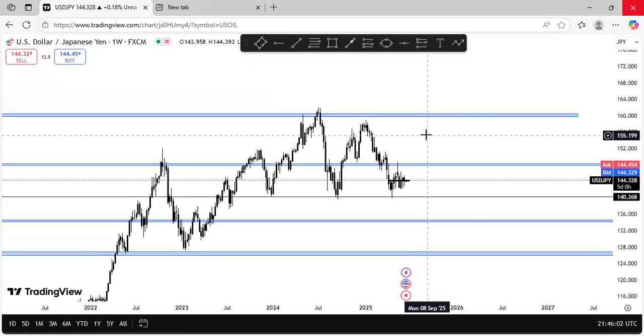If you can remember clearly, I did say the USD JPY is in a downtrend, because the dollar right now is weak, and the weakness of the dollar means that every dollar pair as the base currency, we should be expecting further downside. We should be expecting decline.